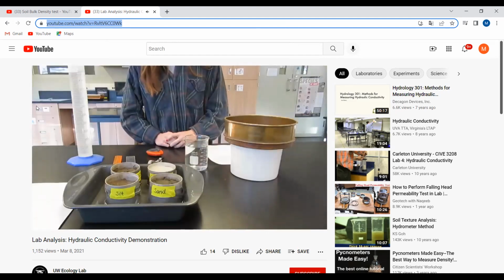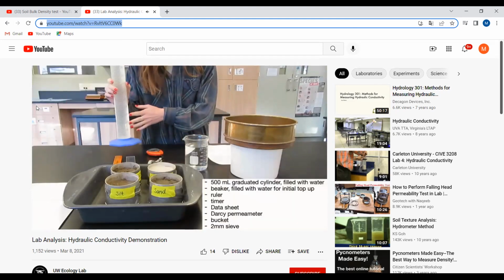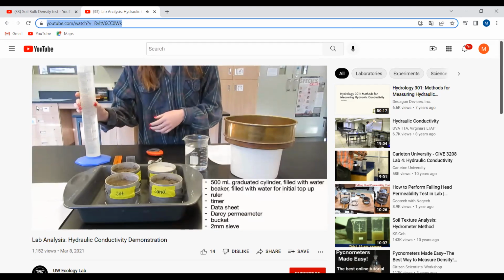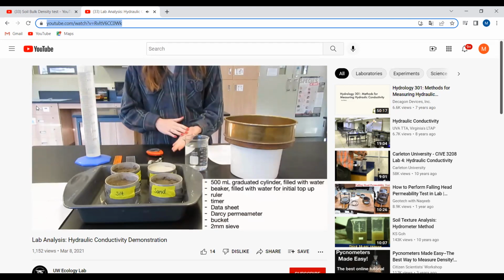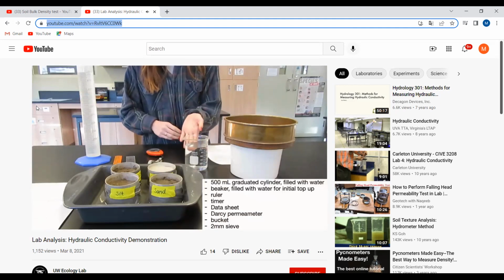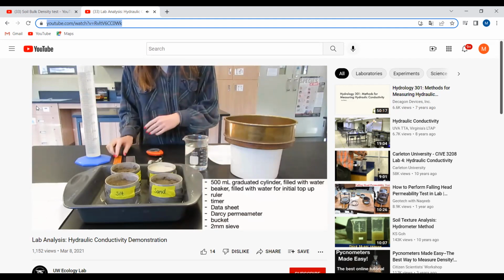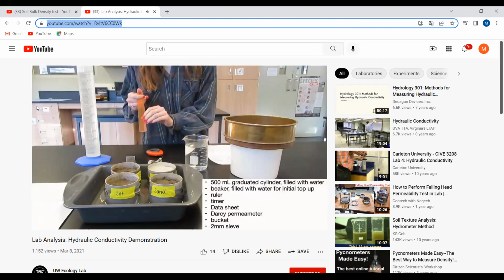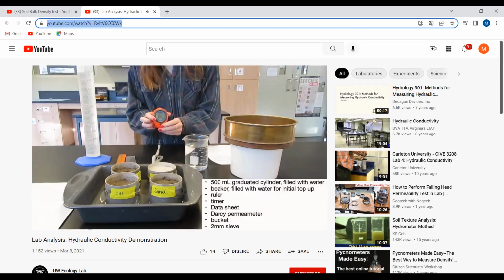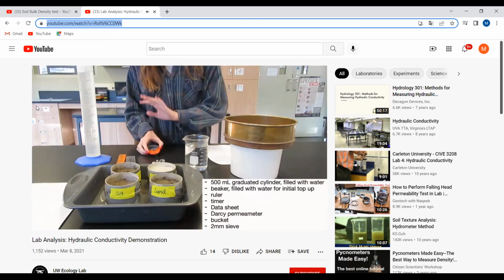On the table, we have all the equipment on display to demonstrate this technique. We have a 500 milliliter graduated cylinder filled with water, which is used to measure how much water we use. We also have a beaker filled with water here. We have rulers to measure the dimensions of the Darcy permeameters, and a stopwatch to time the experiment.